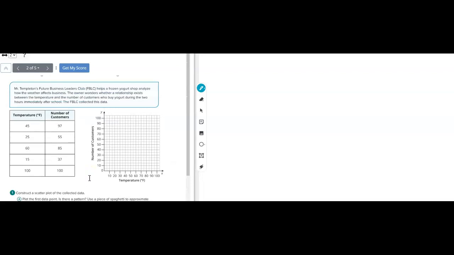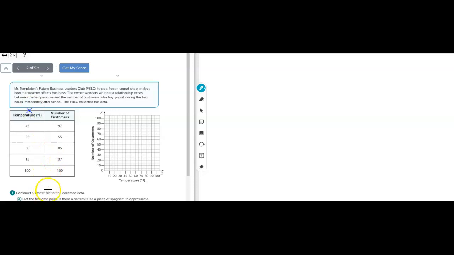So let's get started. The first thing that you're doing is you're going to plot point (45, 97). So imagine this scenario. In this scenario, temperature is on the x-axis, and so that is your x coordinate.